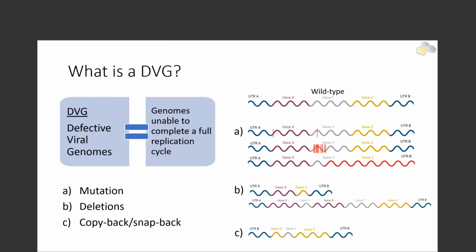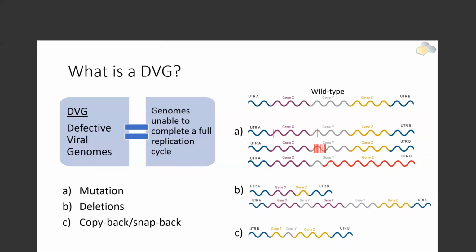In the past, these DVGs, as we call them now, have been characterized as DIPs, or defective interfering particles. But due to the expansion of their roles and the fact that their role was not only interfering, as has been proved through some studies, the term that prevailed right now is the defective viral genomes.